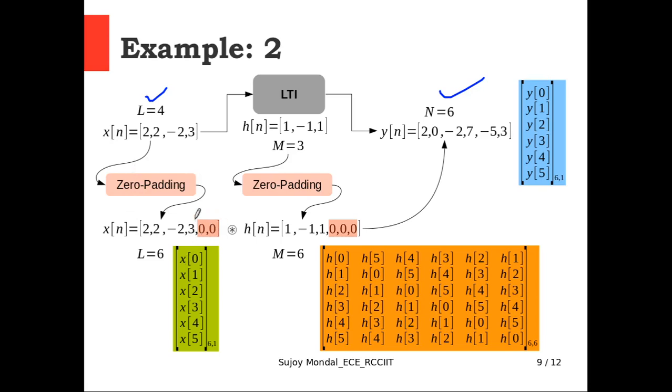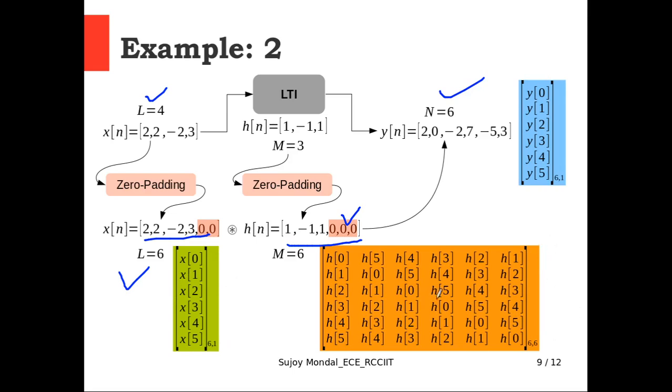After zero padding, 2 sample points added, finally we achieve N equals 6. So we have this x of n sequence as a column vector, 6 by 1. Similarly for h of n, originally there are 3 sample points, so we add another 3 sample points to make it a complete length of 6. Now we have already seen during the circular convolution presentation that the second sequence can be considered in a matrix form, something like this, and the other vector is taken at the end.